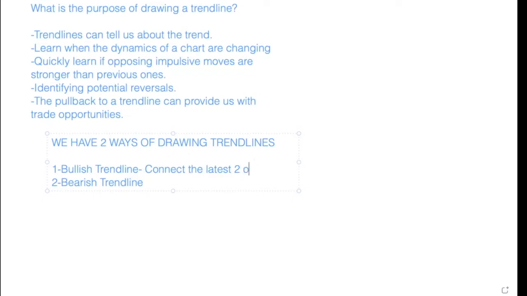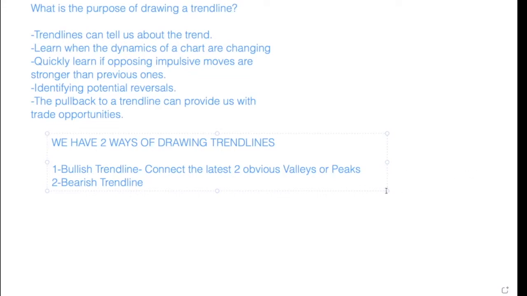Remember, when you look at your chart, you will always see a valley and a peak, a V and an inverted V. You connect the valleys, which mostly show the swing lows, and the peaks usually show the swing highs. These should be the most obvious ones.